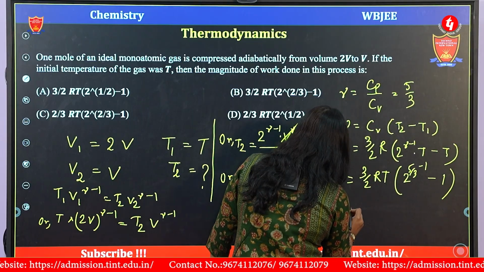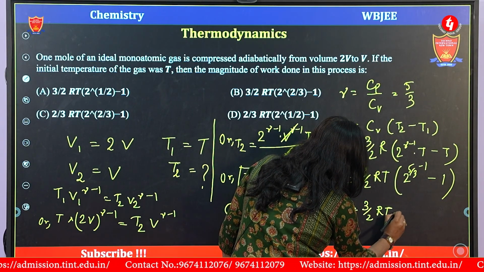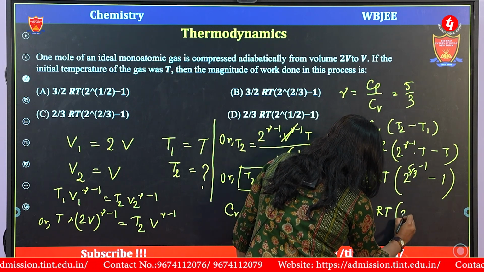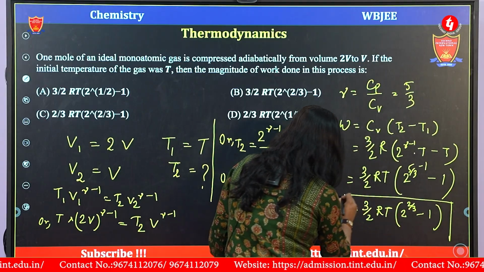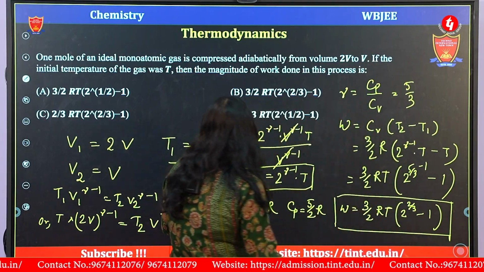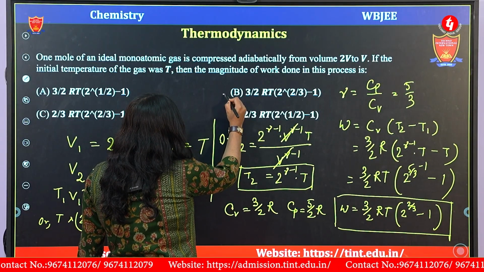So, ultimately we get the expression of work done as RT (2 to the power 2 by 3 minus 1). You can see this is exactly this equation.